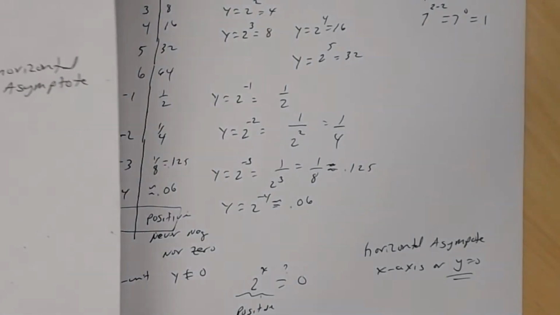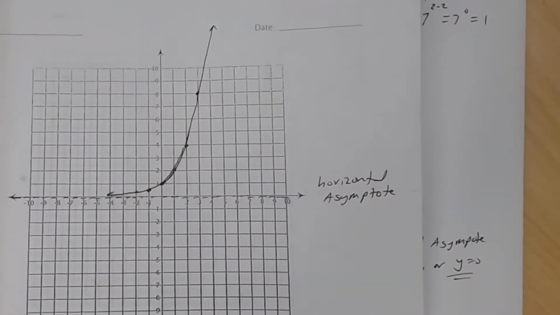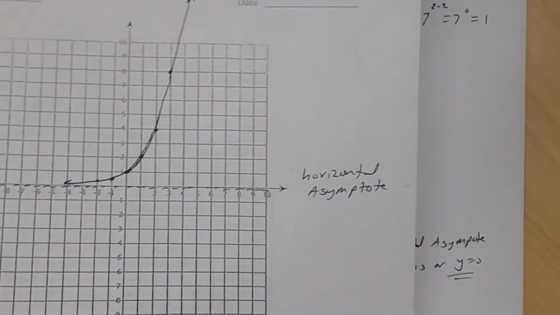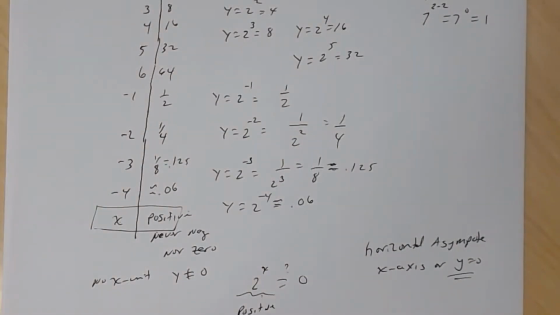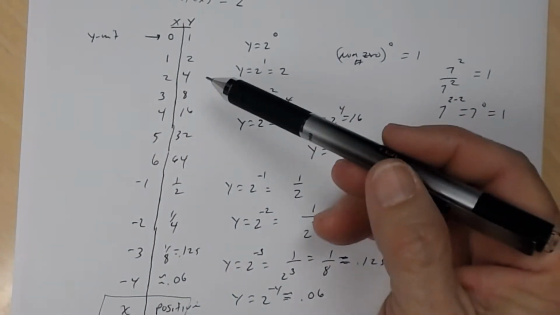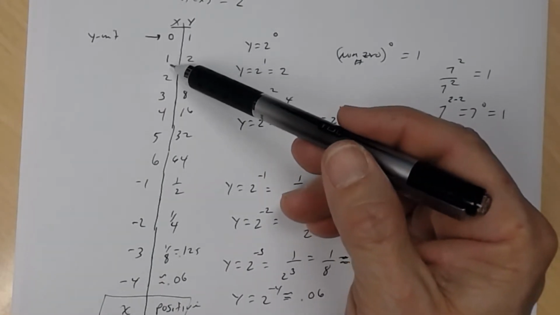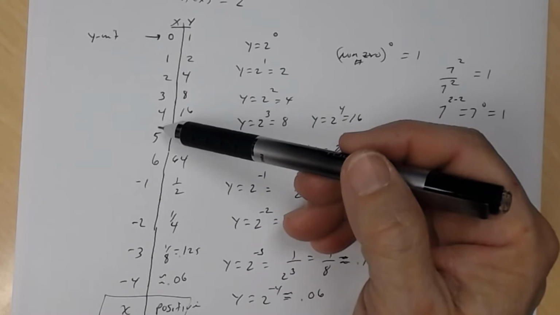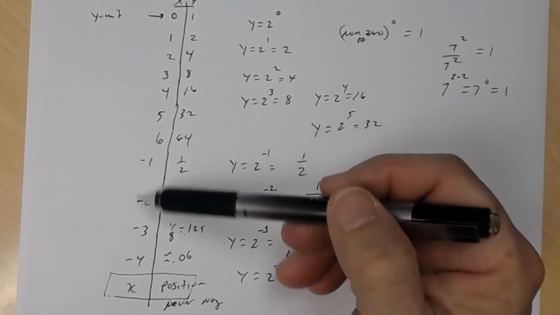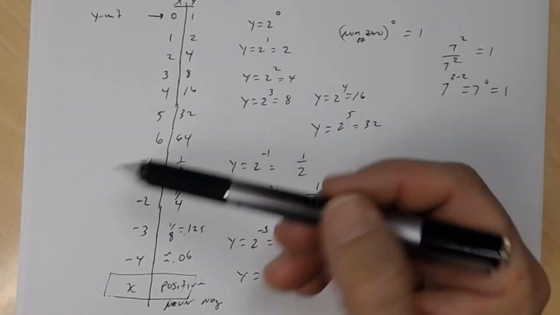All right, now one other thing you can do from previous lessons is determine the domain. Do you see that when I used x values, I could have chosen any x value, any number? I chose negative numbers, I chose 0, I chose positive numbers.